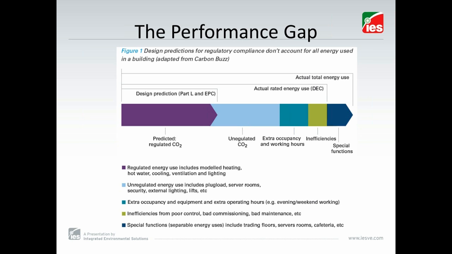This diagram is taken from a Carbon Trust report published in April 2012, and it's basically taken 28 case study buildings, all different building types, and they reckoned even with detailed modelling and benchmarking, the gap between predicted and actual energy consumption still averaged about 16% across those 28 buildings.